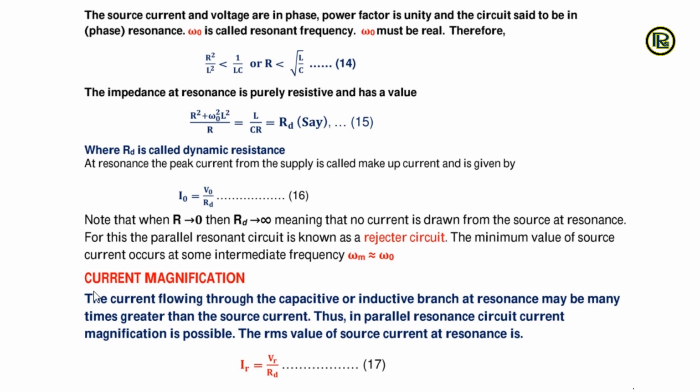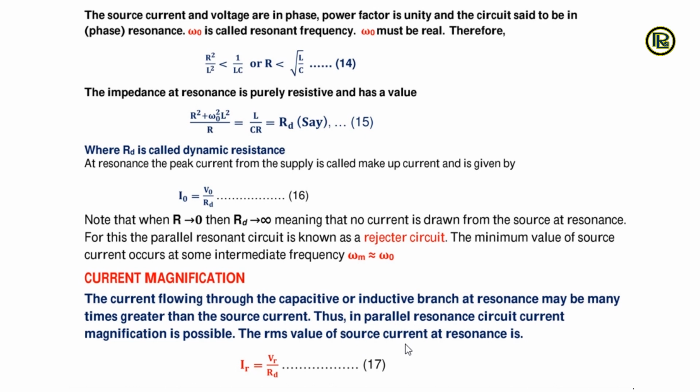Then I come to the current magnification. The current flowing through the capacitive or inductive branches at resonance may be many times greater than the source current. Thus, in a parallel resonance circuit, current magnification is possible. The RMS value of source current at resonance is IR equal to VR upon RD, where VR is the RMS source voltage.